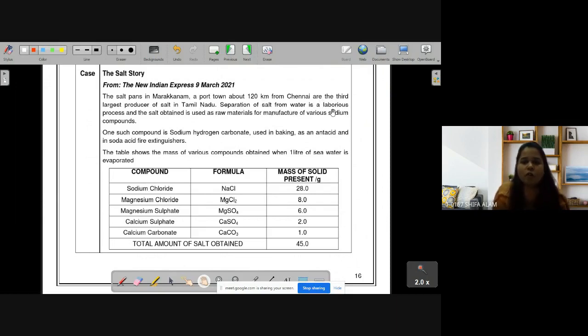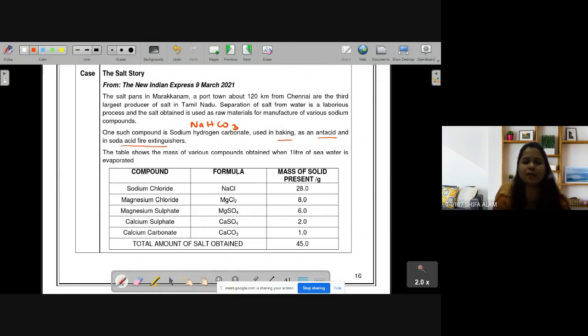Separation of the salt from water is a very laborious process, and the salt obtained as a raw material is used for manufacturing various sodium compounds, one of them being sodium hydrogen carbonate, which is NaHCO3, used in baking process, also as antacid and soda acid fire extinguisher.